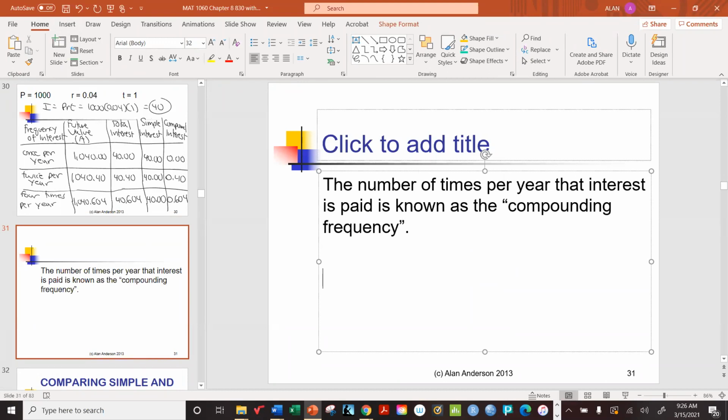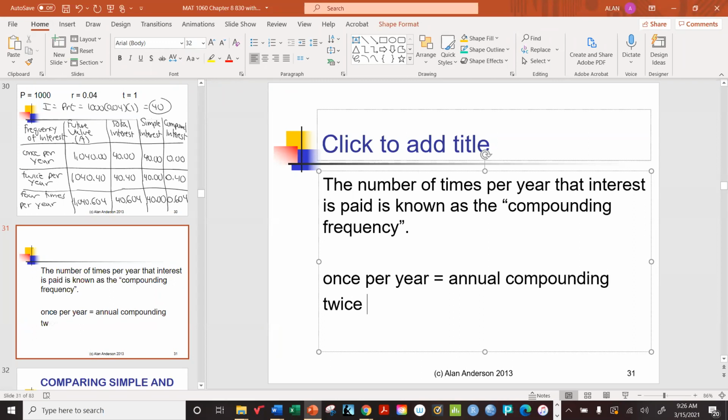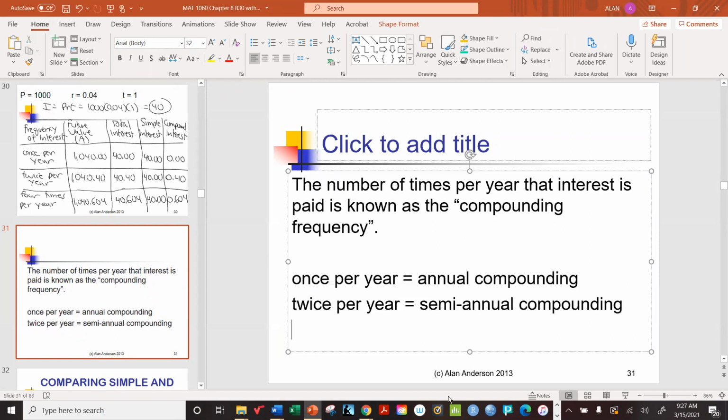So for example, once per year equals annual compounding. Twice per year is known as semi-annual compounding. 4 times a year is called quarterly compounding.